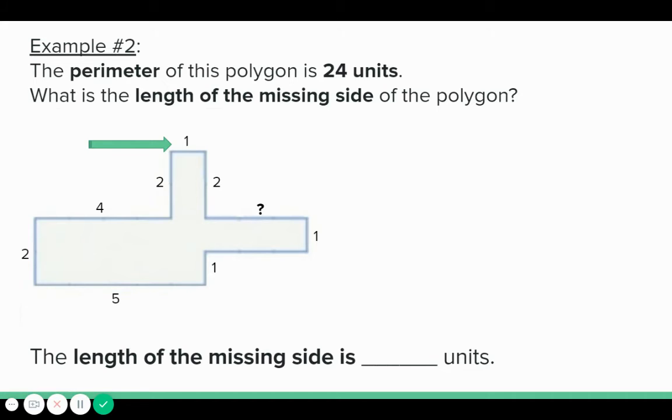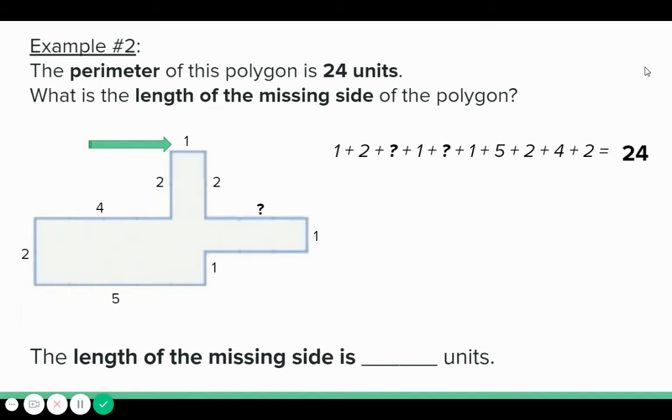So I'm going to make an equation where all sides are added. As you can see, I should have 10 numbers. Also, I have 2 unknown sides, and all of these make 10. The total of this addition is 24, because that's what the problem says, that the perimeter is 24 units.